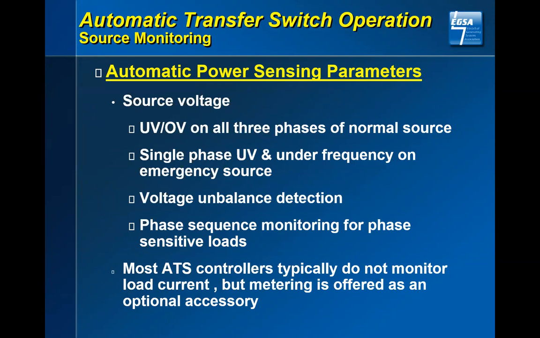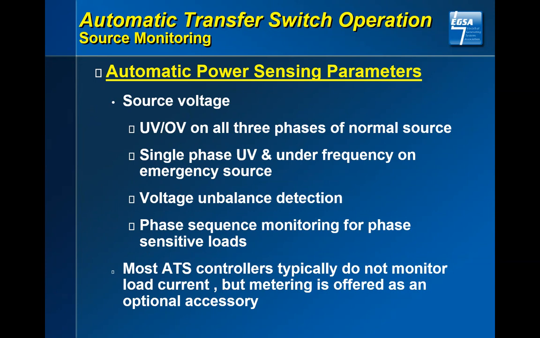So the automatic transfer switch looks for source. It does look for under voltage as well as over voltage. It'll look for single phase conditions, voltage unbalance. Phase sequence is very critical because if you've had some maintenance done while the utility is doing something or you've done something to the generator, when you reconnect those two loads, you want to be sure you're in the right rotation with each other.